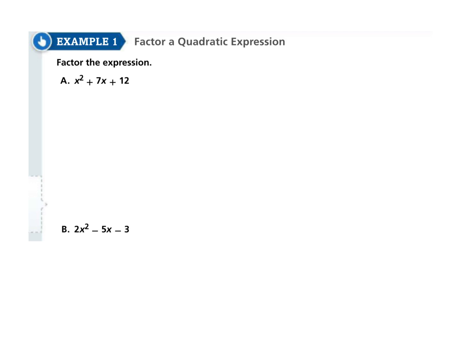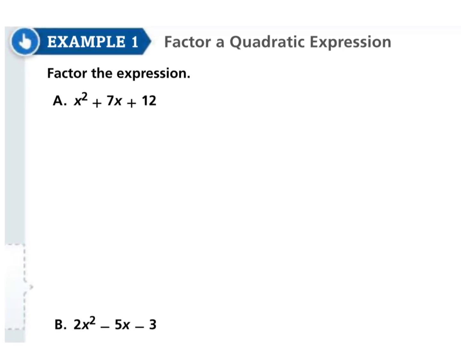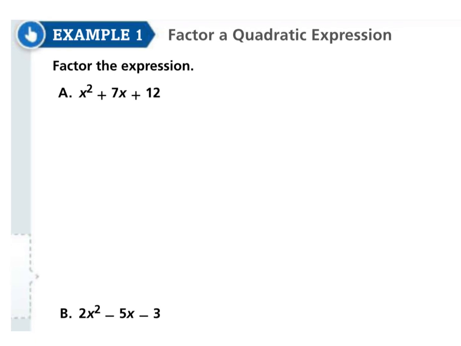So let's remind ourselves how to factor. If you remember from your warm-up yesterday, you did the X game, so we're going to do that here. This is a trinomial because it has three terms. And so for trinomial factoring, we are going to do the X game. We're looking for two numbers that multiply to give us our AC value.